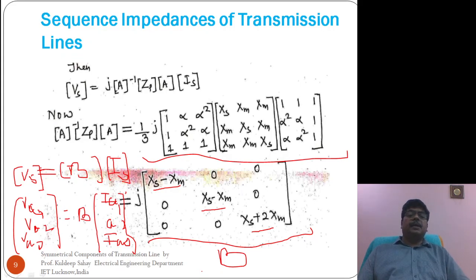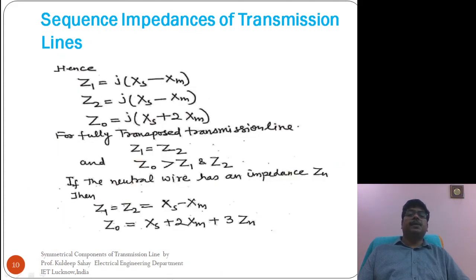Another fact is that the positive sequence impedance and negative sequence impedance are equal, that is XS minus XM, while the zero sequence impedance is a higher value, that is XS plus twice XM. So the zero sequence impedance is greater than the negative and positive sequence impedance. That is what I have explained.